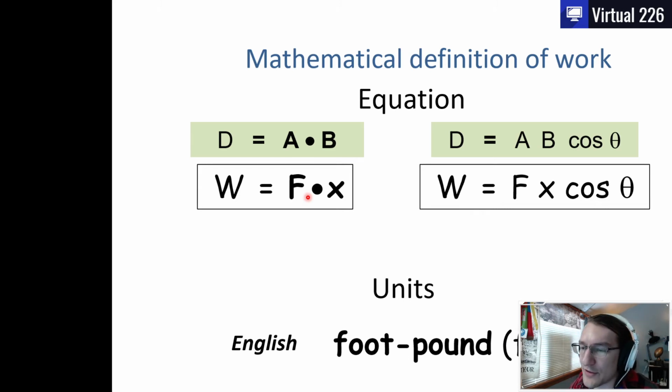But in the SI units, or the metric units, we actually find that work is joules, and 1 joule equals a Newton meter. Newtons from forces, meters from displacements. But note, joules are also units of energy, which starts to bring about the idea that this work that we might be doing has something to do with energy, which we'll see later on in this unit.